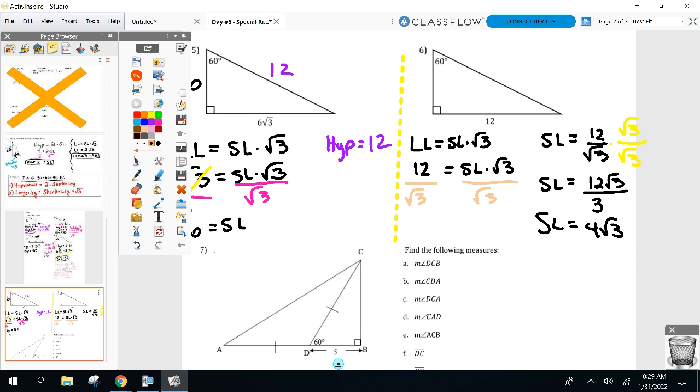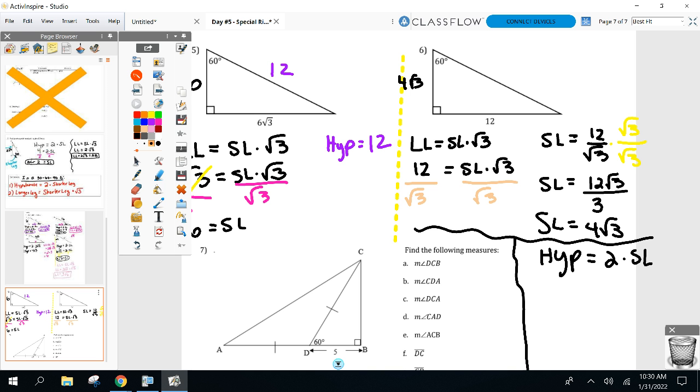I still have to find what? Hypotenuse, yeah. How about that hypotenuse? 2 times your shorter leg. Give it a try. Go ahead, give it a whirl.